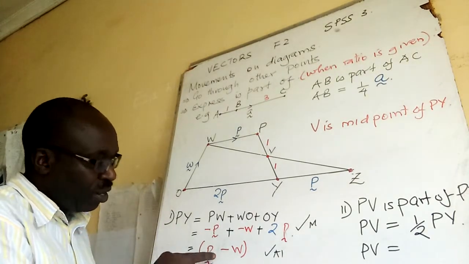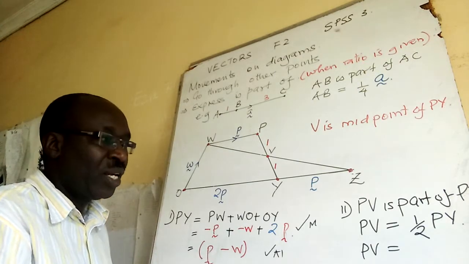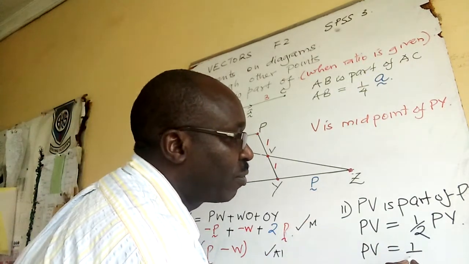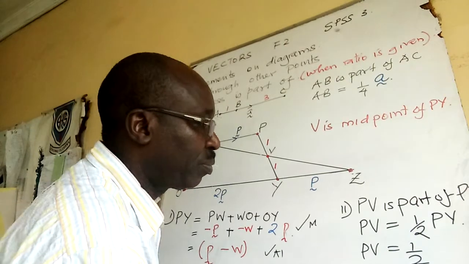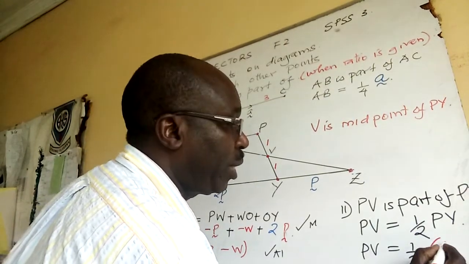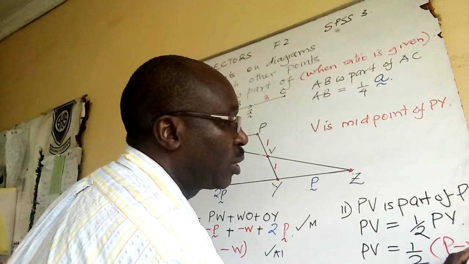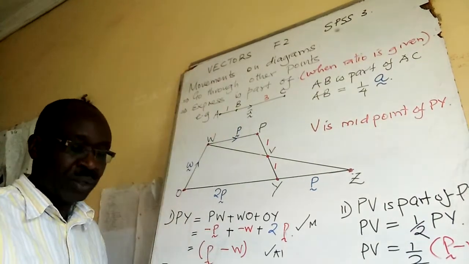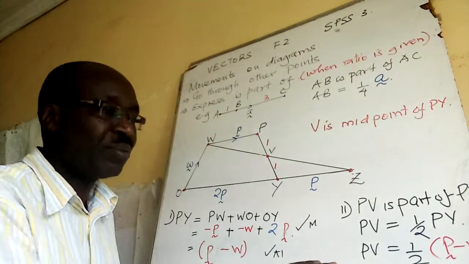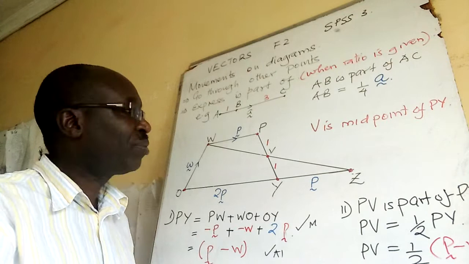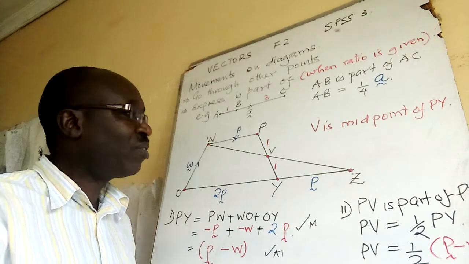But you already have PY. So I say it is a half. Then I put P minus W. That. Okay? PV is half of PY.